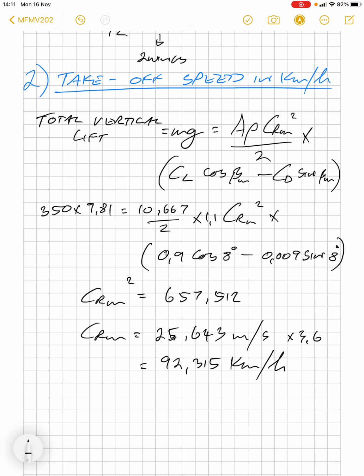So that is our takeoff speed. And in this calculation, we're only looking at the vertical forces.